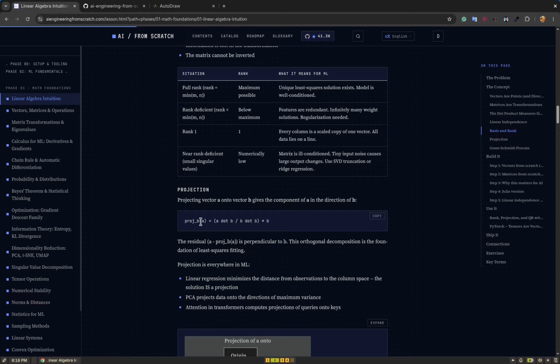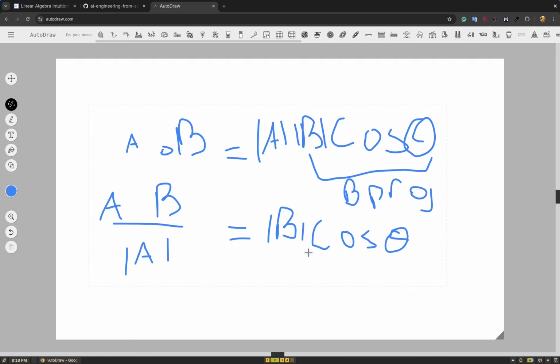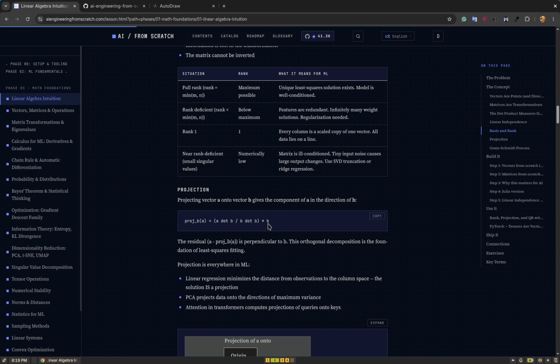Now similarly, I can do the opposite, which is that I can put A there and B comes down. In that case, it is divided by B magnitude, and A dot B and B dot B. Where does that come from?